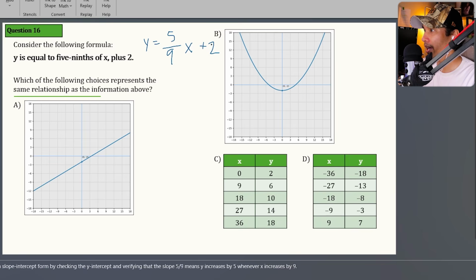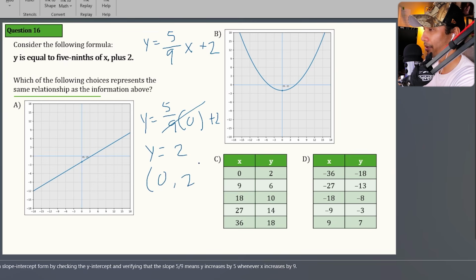So it's going to go this way, exactly like this. And then we have a y-intercept of 2. To find the y-intercept for anything, all you have to do is set x to 0. So for example, y is equal to 5/9 times 0 plus 2, and these cancel out because anything times 0 is just 0, and then y is equal to 2, and you get the coordinate (0, 2).